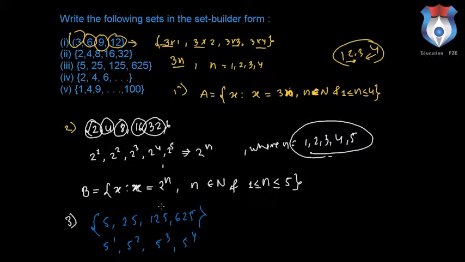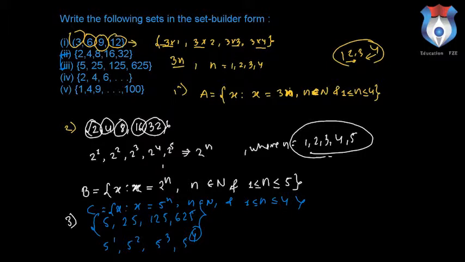Say set C is x such that x equals 5 to the power n, where n is a natural number, greater than or equal to 1, but up to 4. That's it. It's the same, both are the same. I don't know why I gave similar questions here. Sorry.